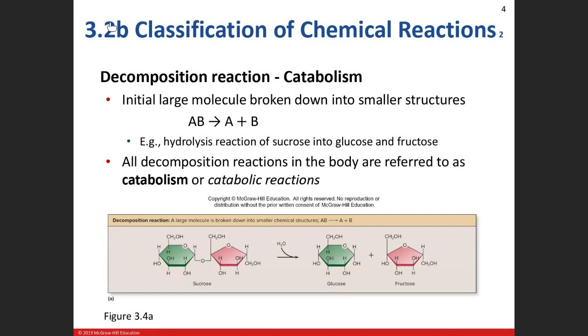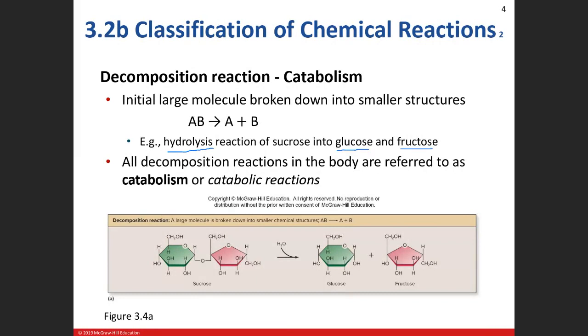So we'll see, for example, hydrolysis. Hydro includes water, which means we're going to add water into this chemical equation. When sucrose is being broken down, we break up water into hydrogen and hydroxide, and we donate those elements to glucose and fructose. So when we hydrolyze sucrose, we break it down into our monosaccharides of glucose and fructose.